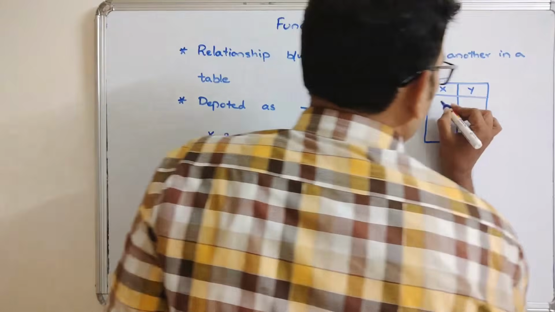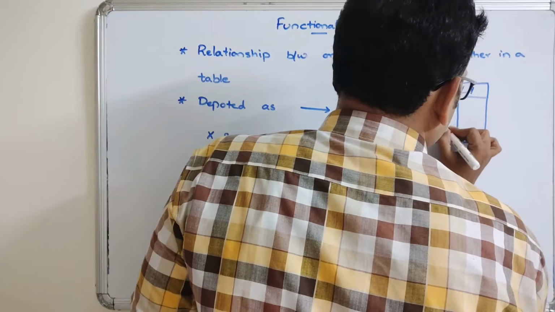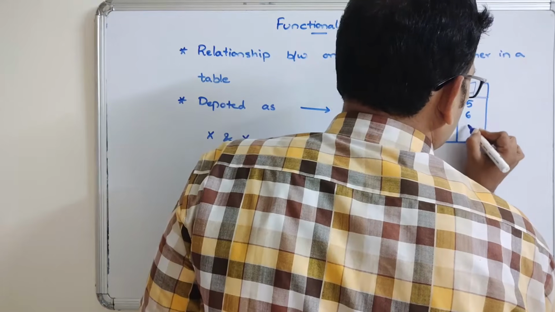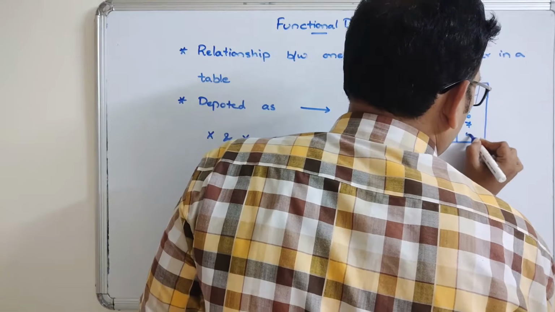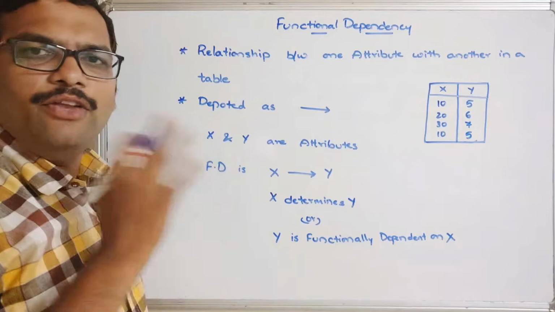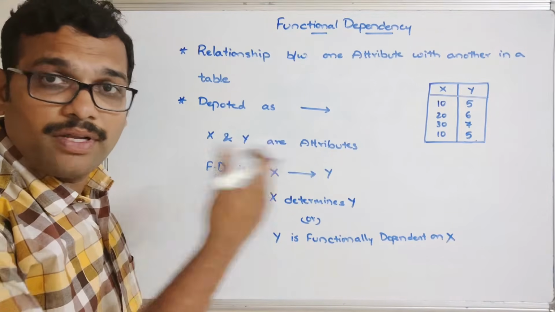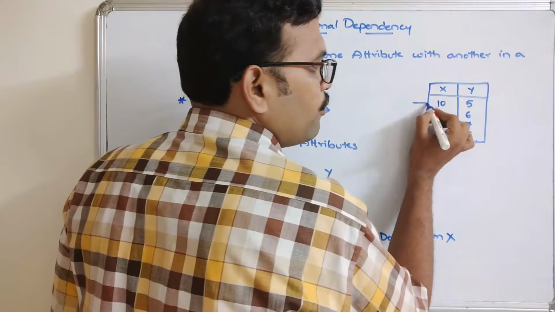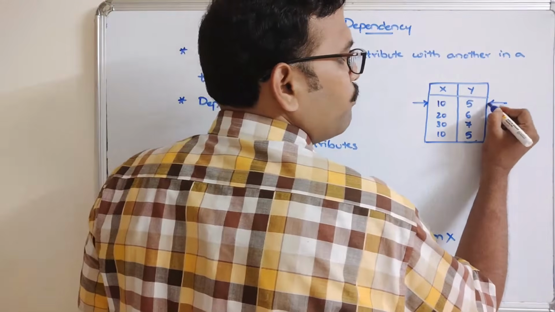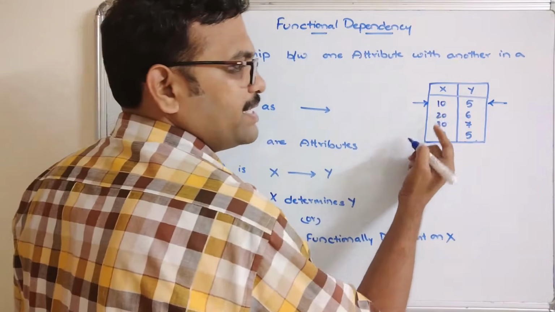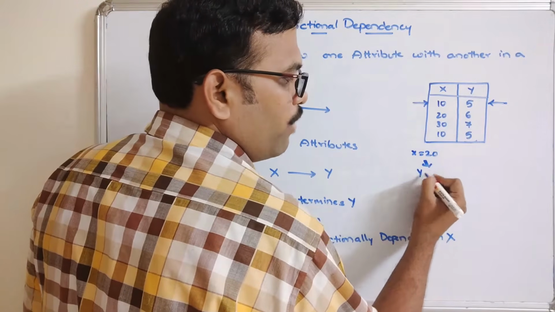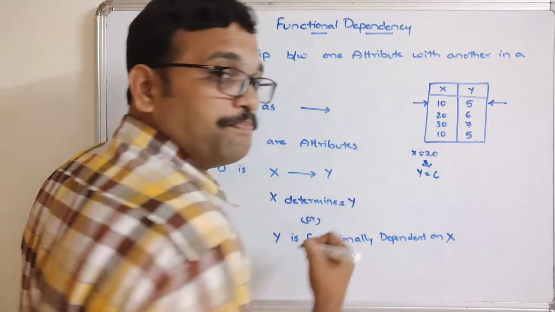So for example, let us take some values. If you know the value of x, we can get the value of y. If x is equal to 20, that implies from the table y is equal to 6.